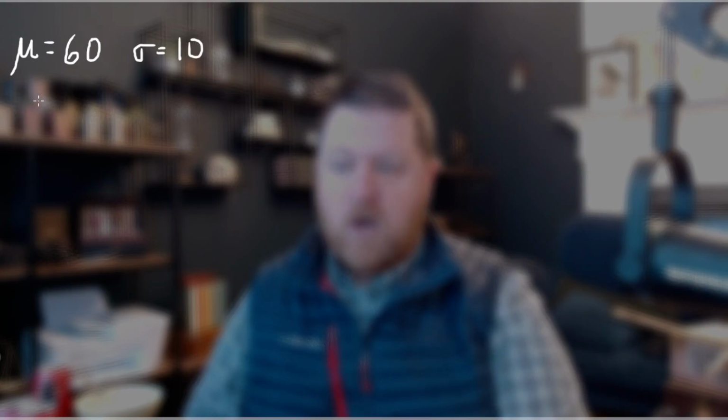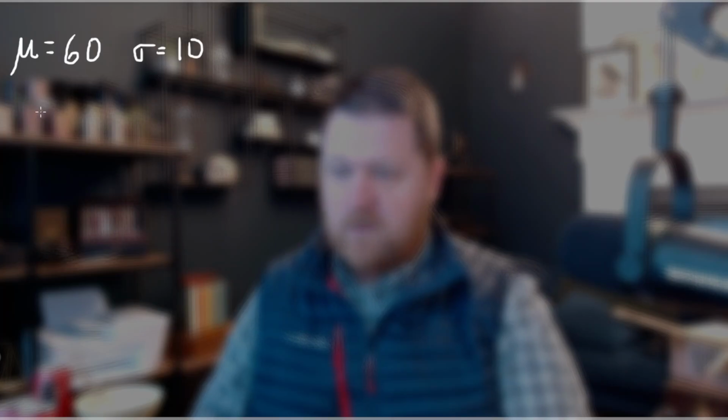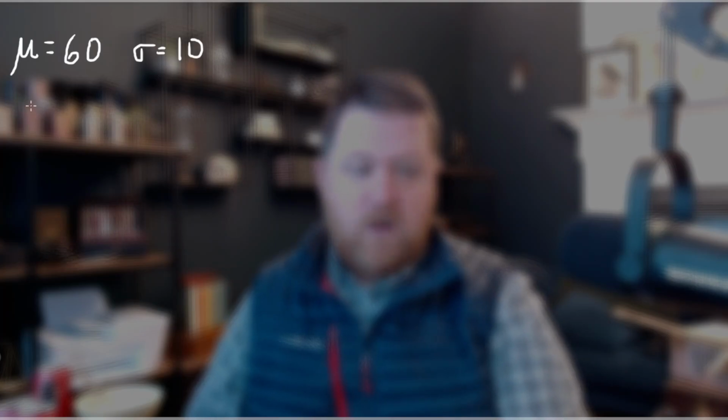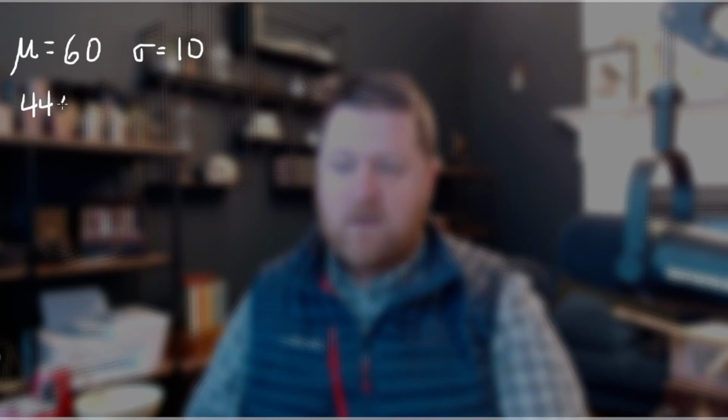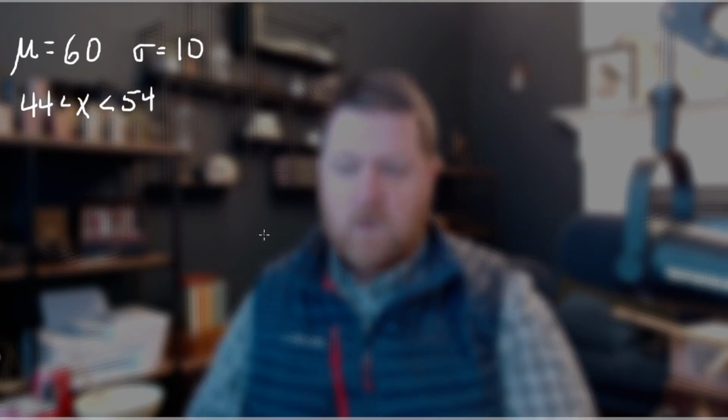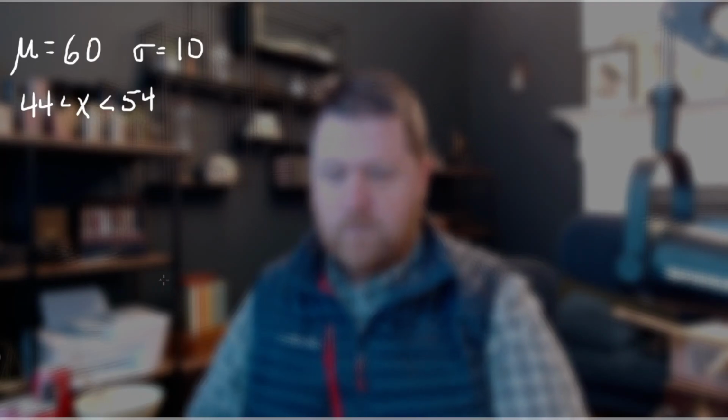And we want to know what's the probability that x is between 44 and 54. So we're going to write it this way. What's the probability that x is between 44 and 54?